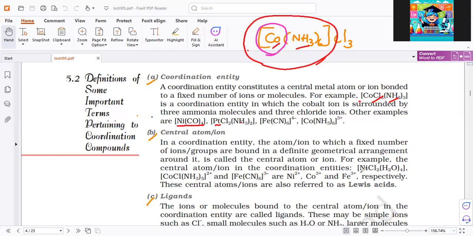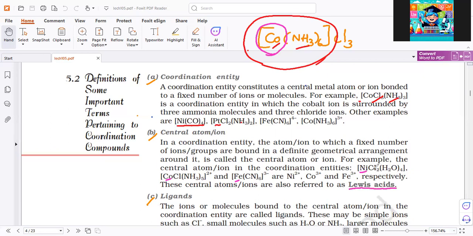Taking other examples, in this complex, nickel 2 plus ion is the central ion. Here, cobalt 3 plus is the central ion, and in this case, Fe3 plus, the ferric ion, is the central ion. These central ions are also referred to as Lewis acids.